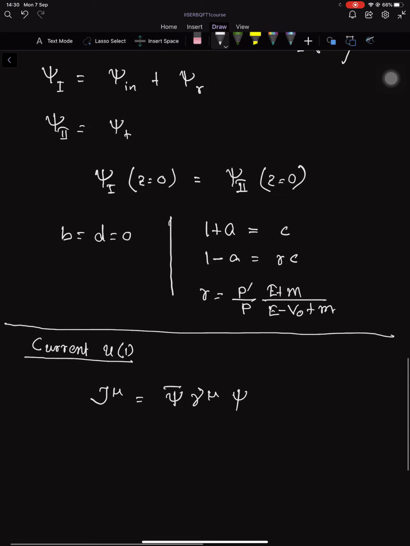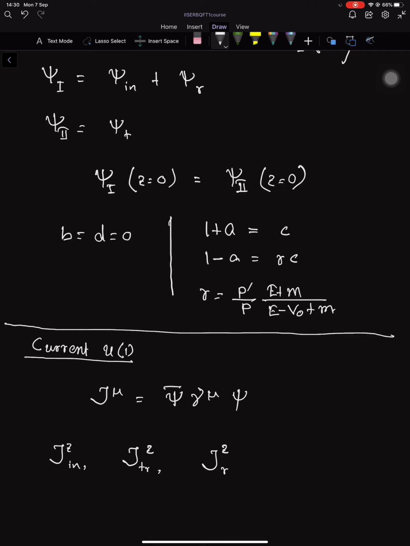Okay, we do the same strategy again. We will compute the z component of the current for the incident, transmitted and reflected. The computation is given in the lecture note.